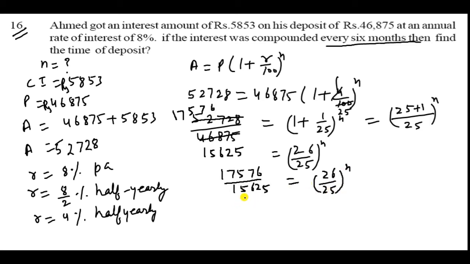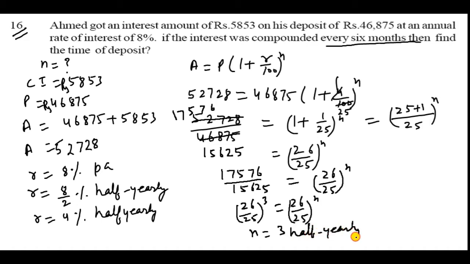So we get here 17576 divided by 15625, and that will be 26 upon 25, and whole power is n. So as you know, it is 26 upon 25, whole power is 3.